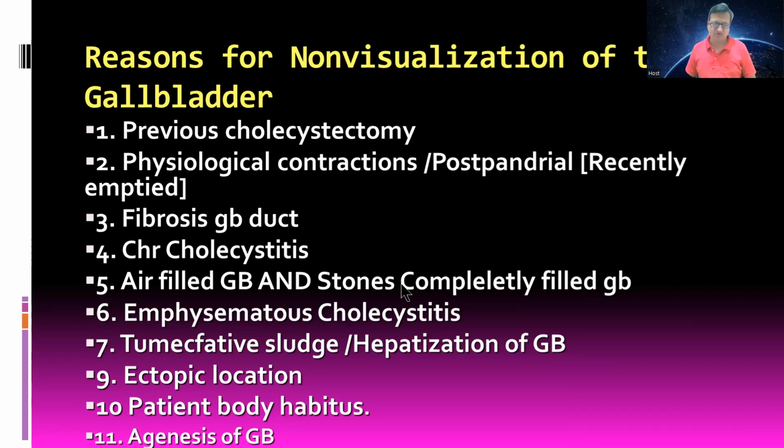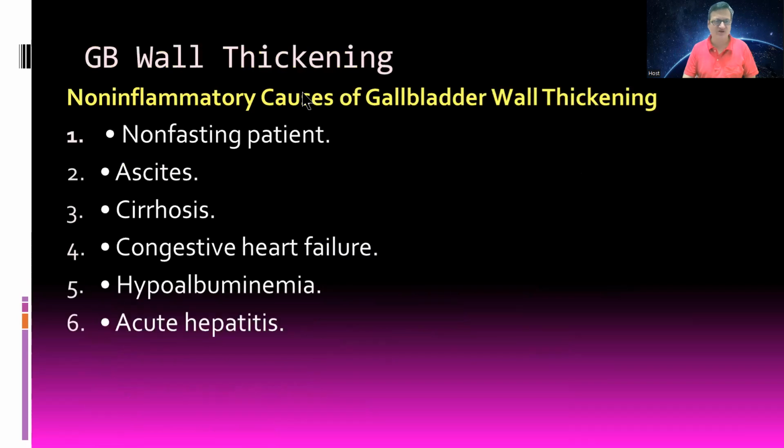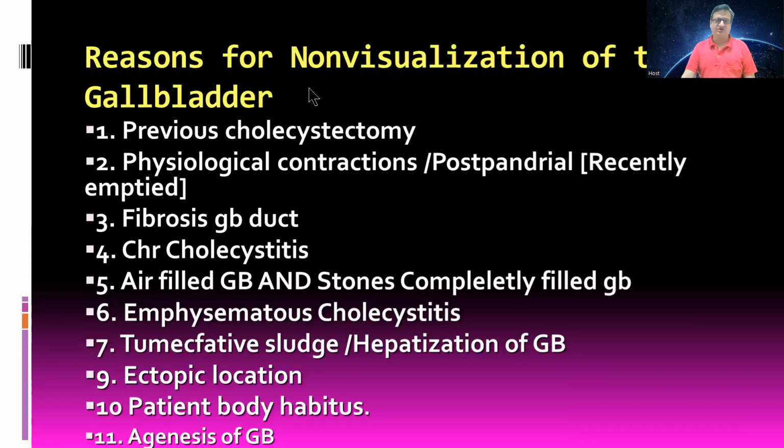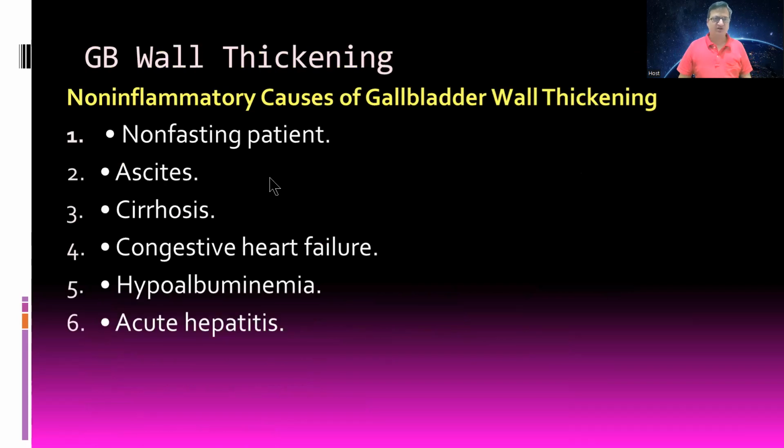Then ectopic location, where it may not be present in the normal site. The gallbladder may also not be detected if there is agenesis of the gallbladder, or the patient's body habitus is difficult, that means in case of obesity. So these are the reasons for non-visualization of the gallbladder.